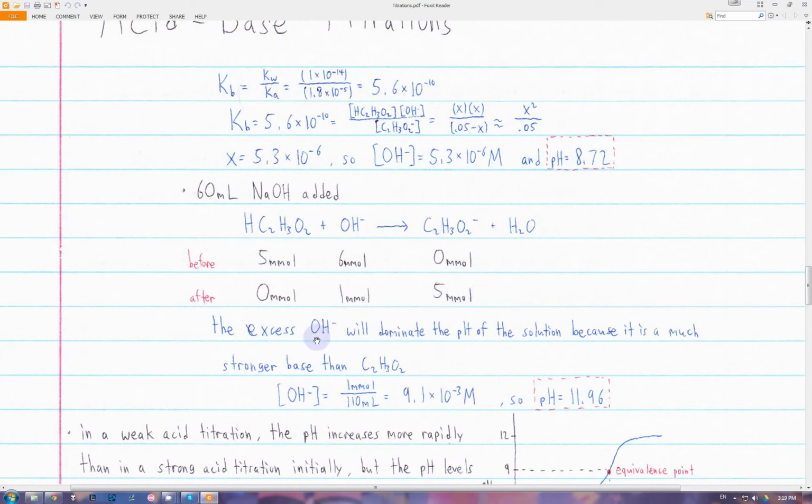The hydroxide ion will dominate the pH because it's a much stronger base than the acetate ion, so we don't even need to worry about this. We just find the concentration of the hydroxide ion and then calculate the pH from that.